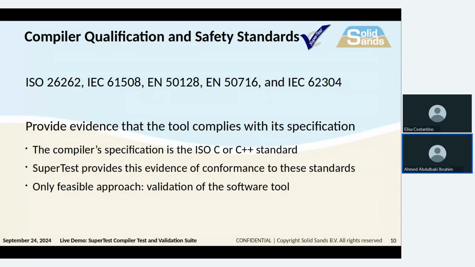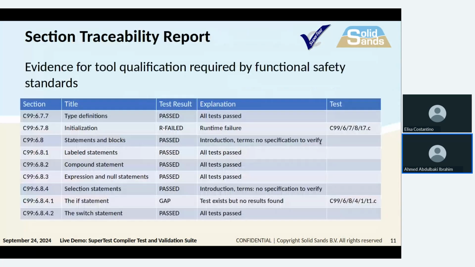So now a critical component in proving compiler qualification actually comes in the form of a traceability report, of which we have an example laid out right here. Now, this is a report containing traceability between each and every section in the C and C++ specifications, as well as the corresponding test results.